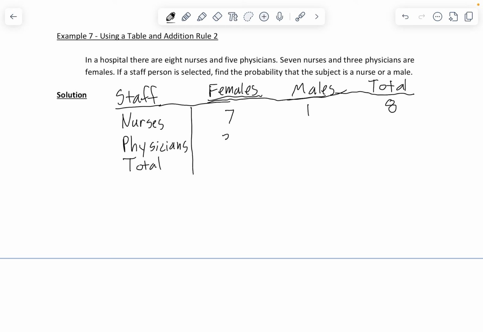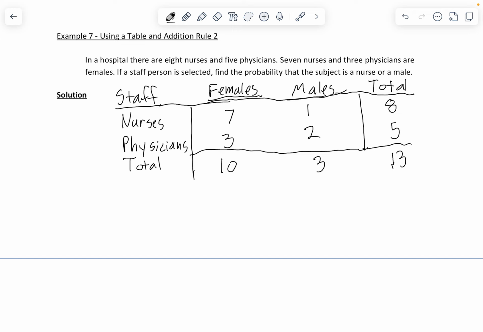There were 3 female physicians and 2 male physicians, for a total of 5 physicians. Do our totals like this, okay? If I add up the columns, 7 plus 3, there were 10 females, 2 plus 1, 3 males, for a total of 8 plus 5, 13, okay? 13 individuals.